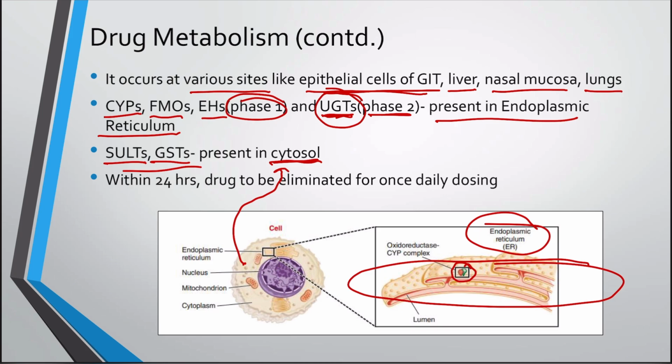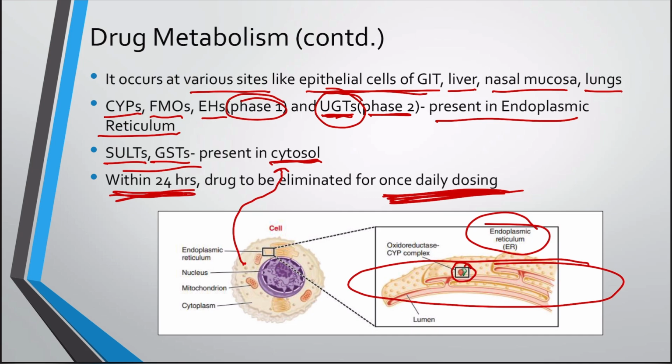Now for a drug to be given by once daily dosing, that is, we give the drug only once in a day, it has to be eliminated within 24 hours. Because if the drug is not eliminated in 24 hours, then with OD dosing it can lead to accumulation of the drug.